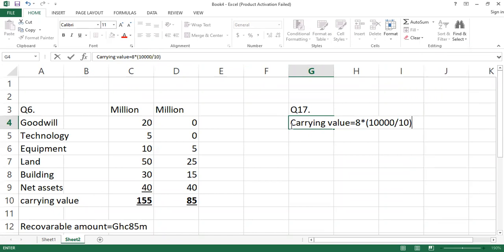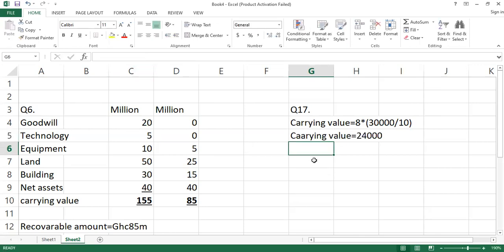That is your carrying value. Another way of doing it is to find the depreciation for 2 years and subtract it from the 30,000. How much are you getting? 24,000. That is our carrying value.